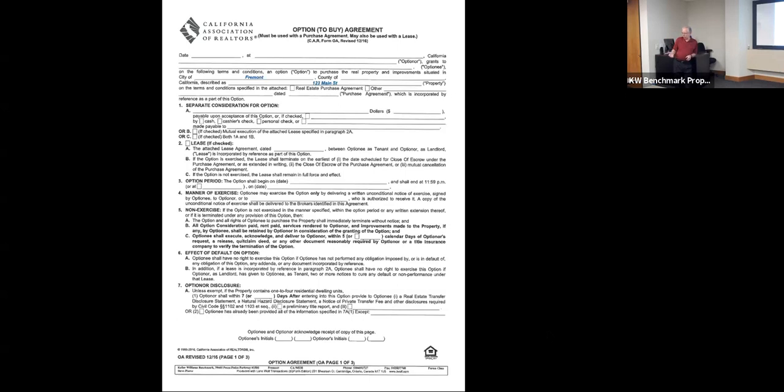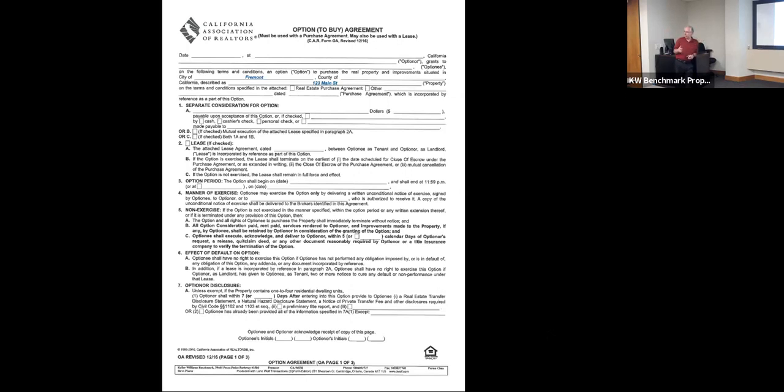The way they generally work is there can be an agreement to sell the property in the future at a set price, or it could be an agreement to sell it based on fair market value, subject to an appraisal or an average of 2 appraisals, or multiple ways you could determine the price in the future. But the tenant can get credit for some or all of the rent they've paid towards the purchase price, and they pay what's called option consideration up front.